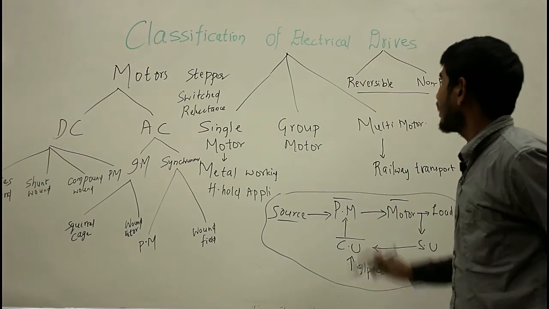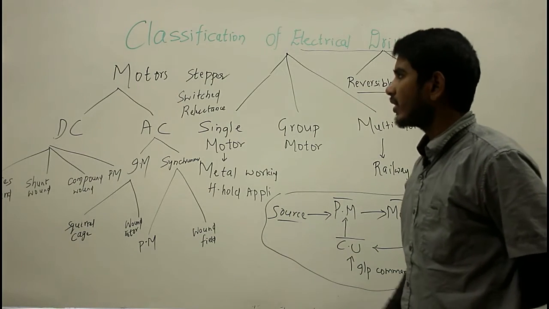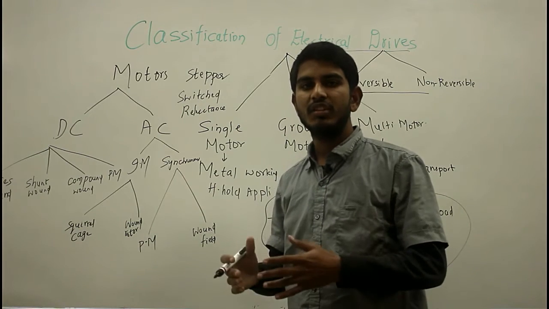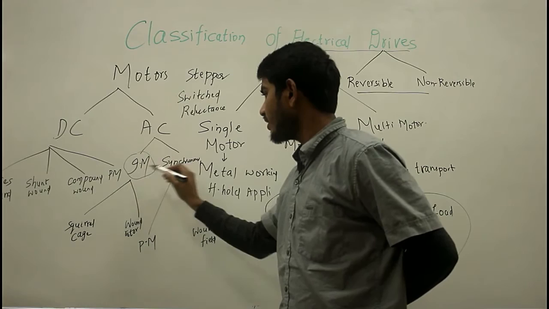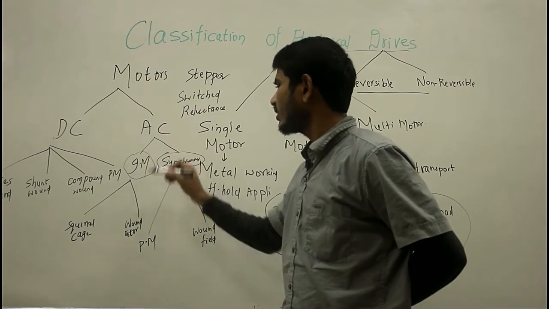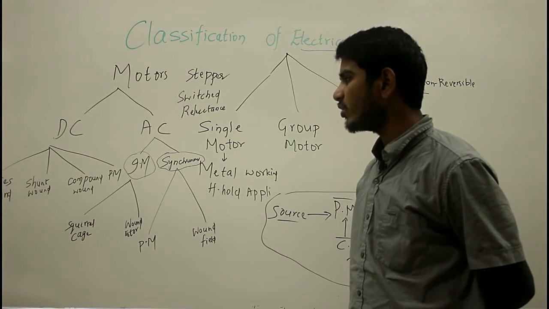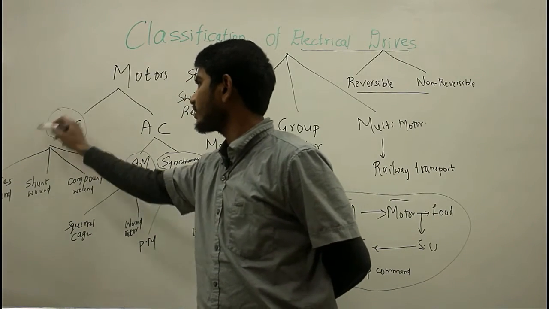Now when the electrical drives were not so very popular, where constant speed or fixed speed was the only requirement, we were using only induction motor and synchronous motor for fixed speed applications, and for variable drive applications we have gone to the DC series motors.